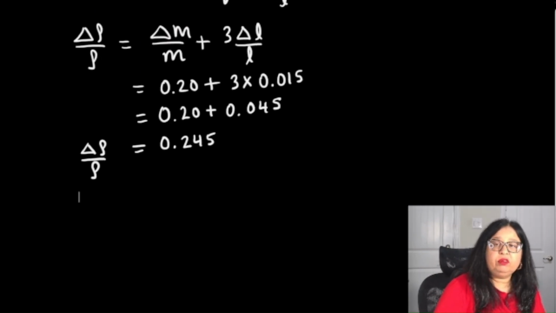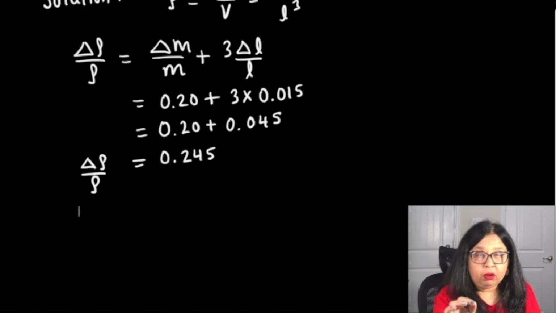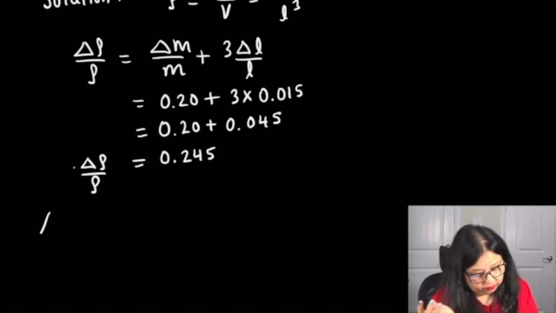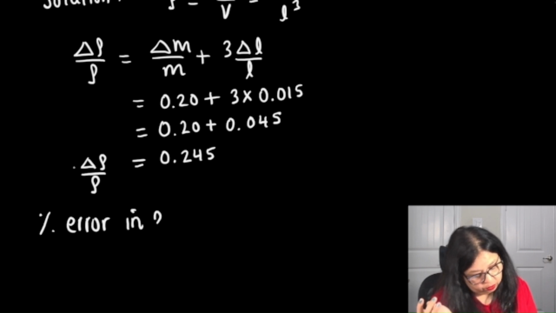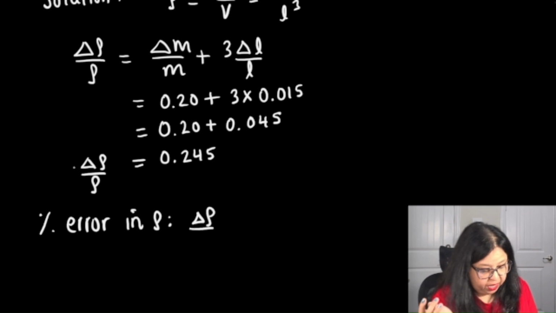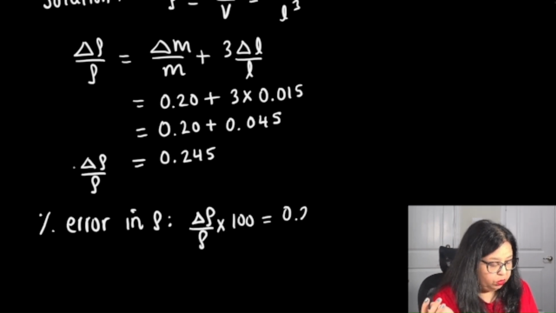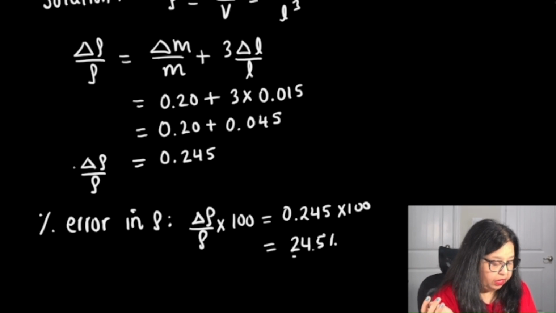Now, if you're interested in finding the percentage error in the measurement or the calculation of the density, what would you do? You will multiply delta rho over rho with 100. That means 0.245 times 100 gives you 24.5% error.